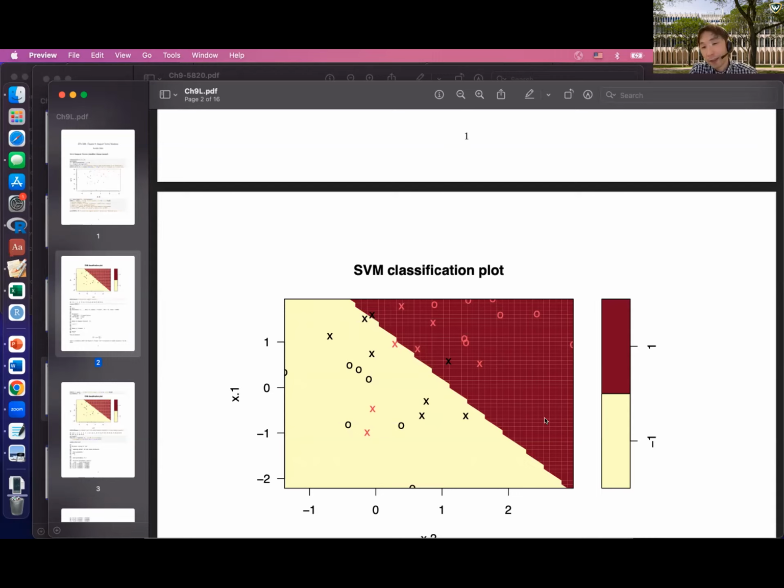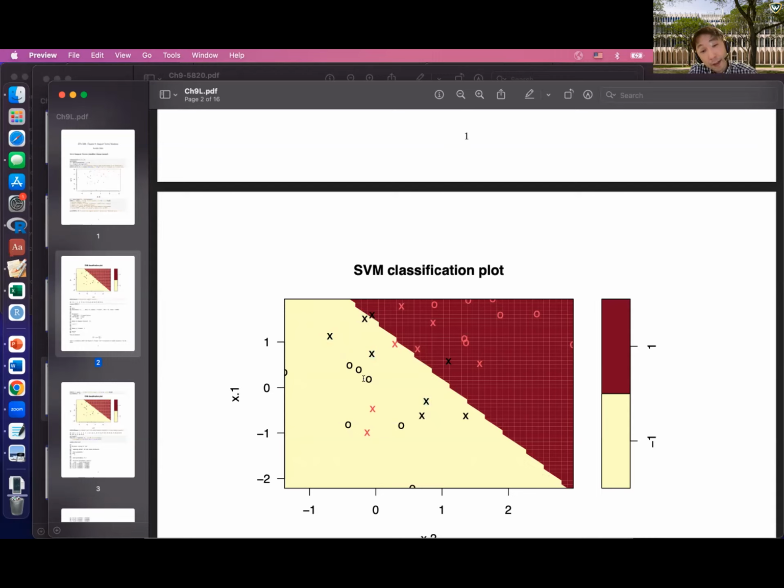I'm not exactly sure about the place of the dotted line. So the black area here, support vectors, black area here. These are classified correctly, but still support vectors.